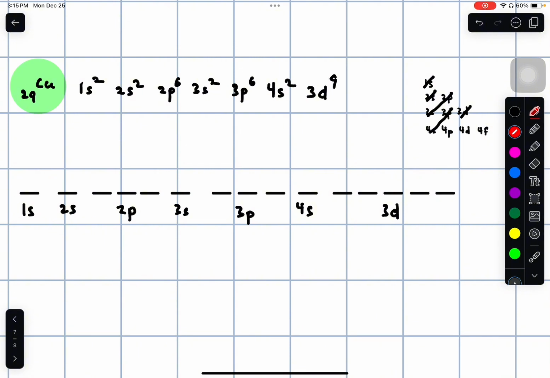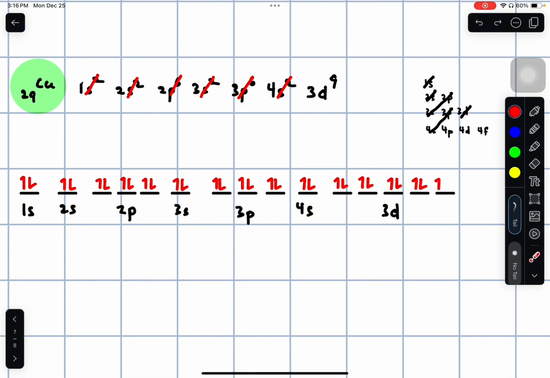And let's fill it up in the atomic orbitals. It's going to look something like for 1s and 2s, for 2p6, 1, 2, 3, 4, 5, 6. 3s, 1, 2, 3, 4, 5, 6. For 4s, for 3d is 9 electrons, so it's going to be 1, 2, 3, 4, 5, 6, 7, 8, 9.